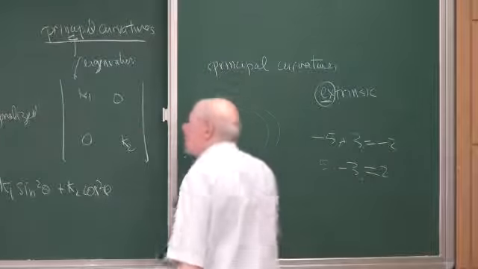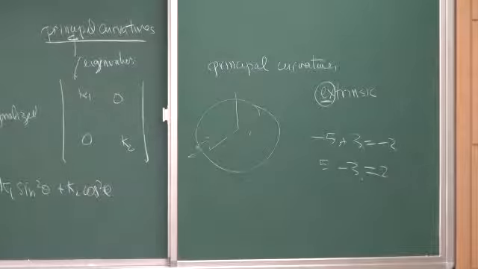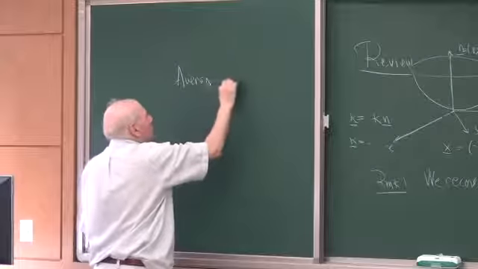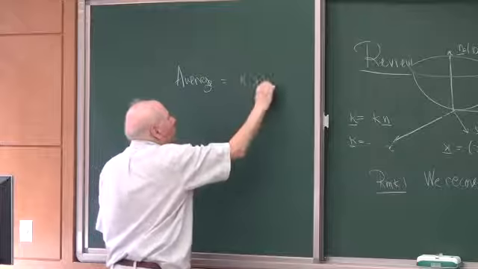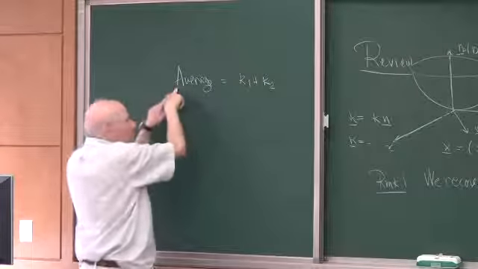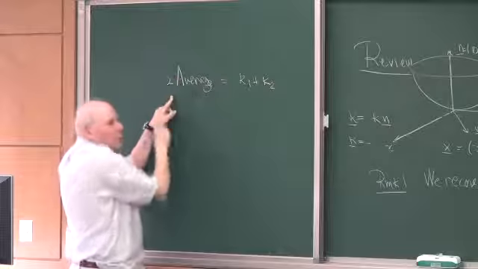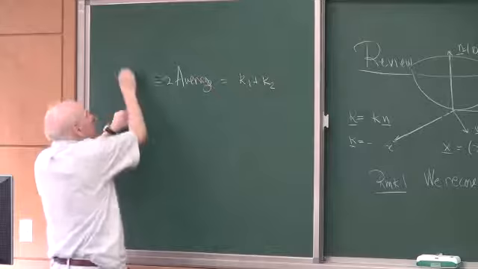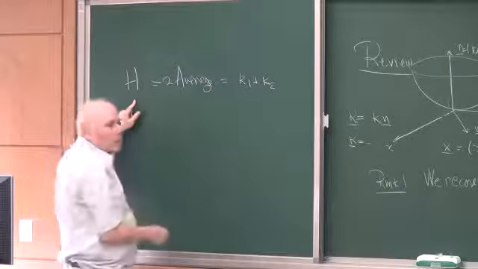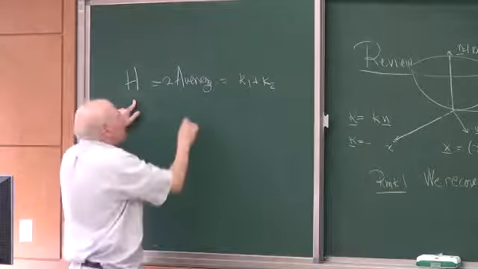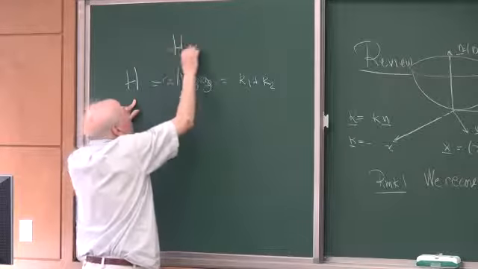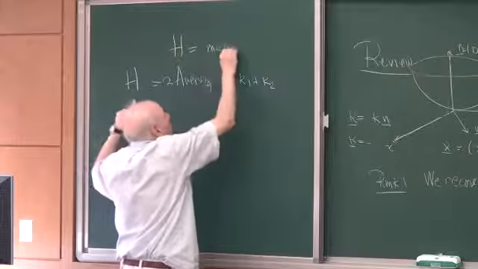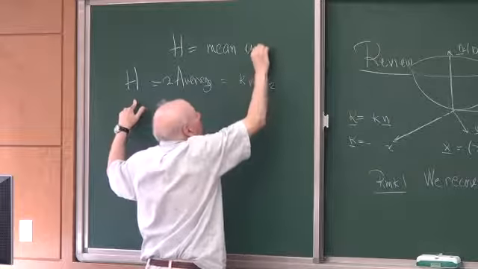So the average has a name. If we take the average, that would be kappa 1 plus kappa 2, or twice the average, depending on what you want. That has a name, and that's a scalar. The book uses capital H, so H is called the average or mean curvature.